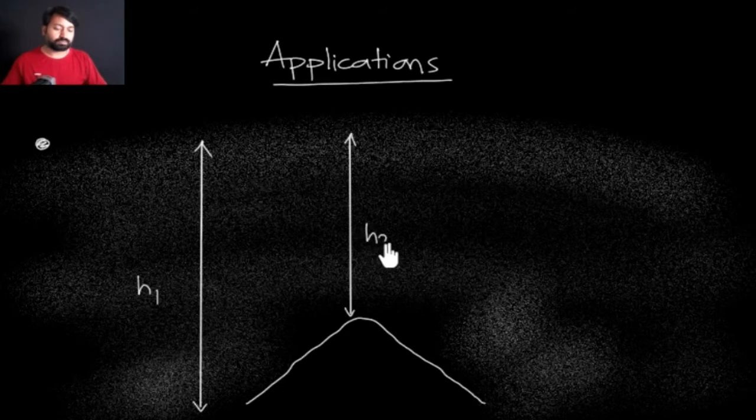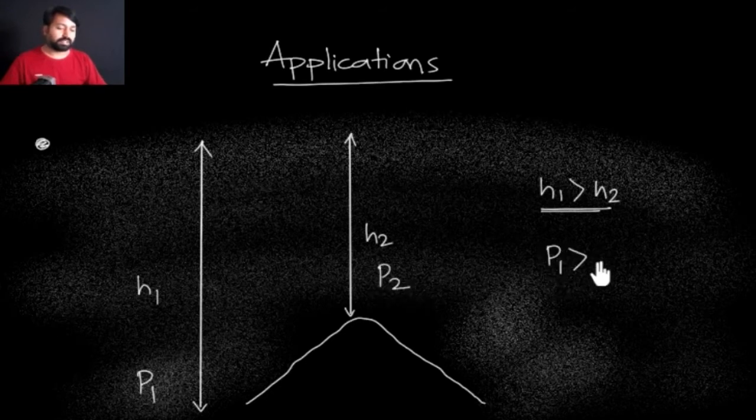This is h2, the atmosphere height. Now the fact is that h1 is greater than h2. The height of the atmosphere is higher here, and therefore the higher the height of the atmosphere, the higher will be the pressure here. You can say that P1 is here and P2 is here, and P1 is greater than P2. The pressure 1 is higher.